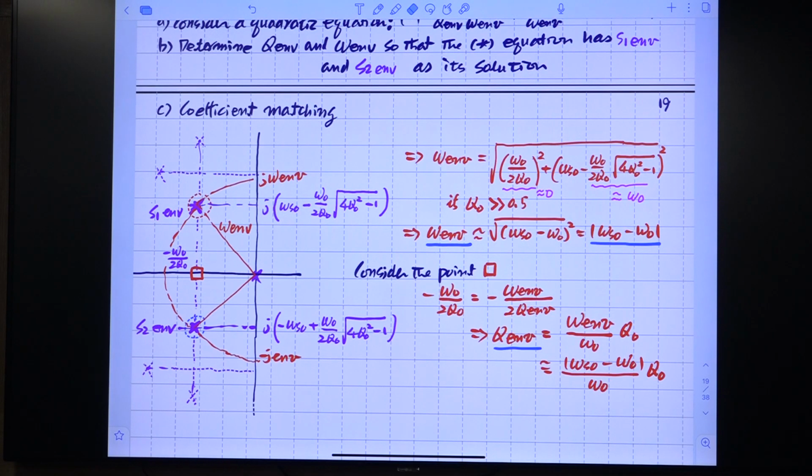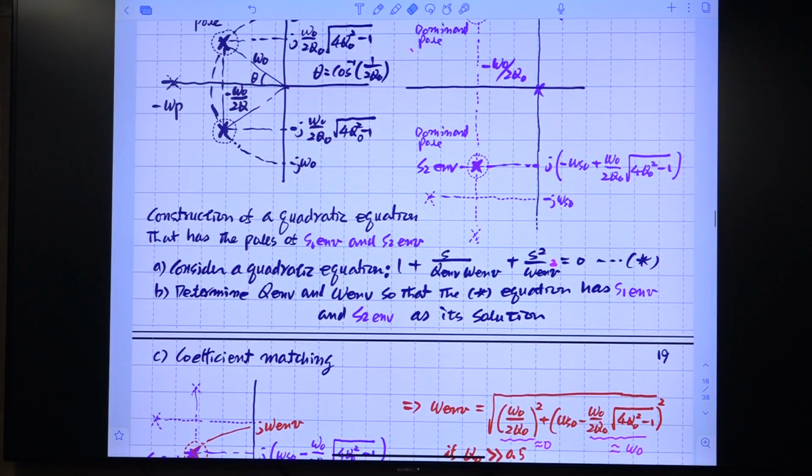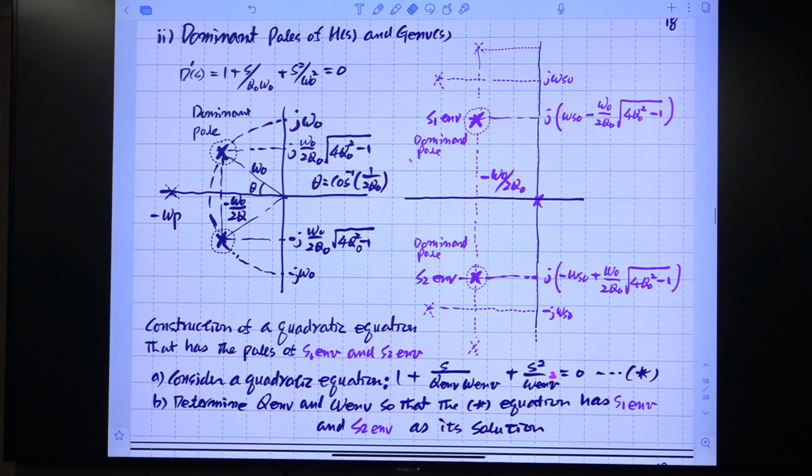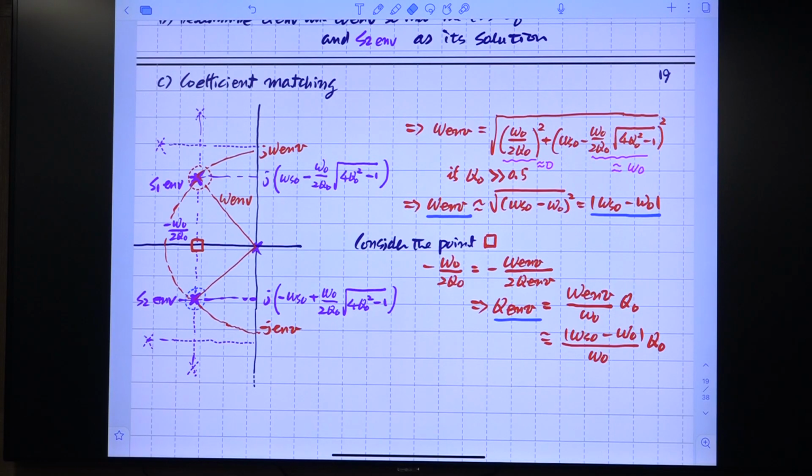Okay. Shown here, I copied this part, this purple color, to here. So we know the coordinate of this. This remains the same because the x-axis remains the same.